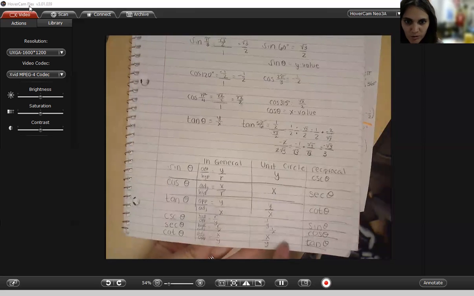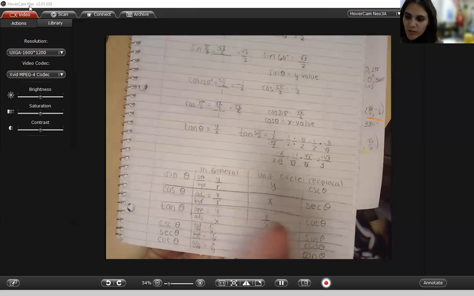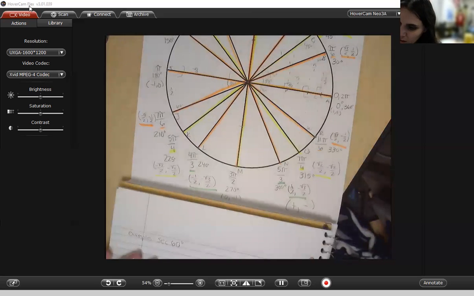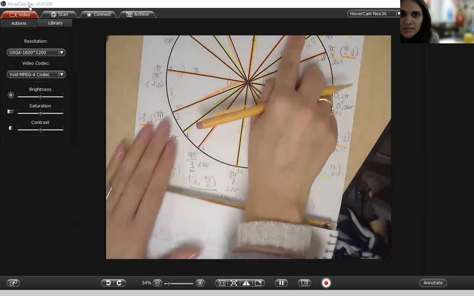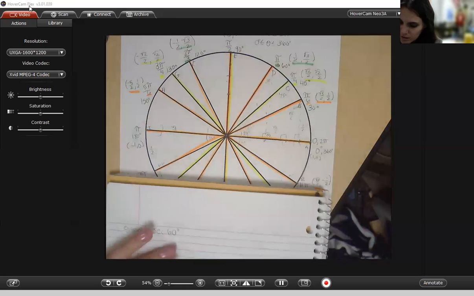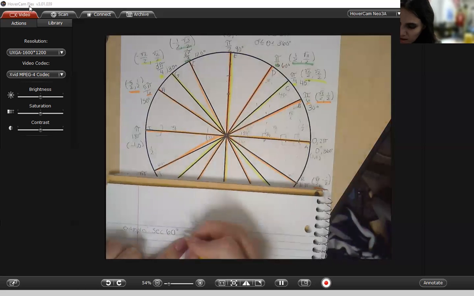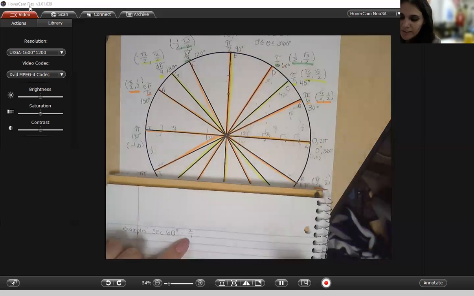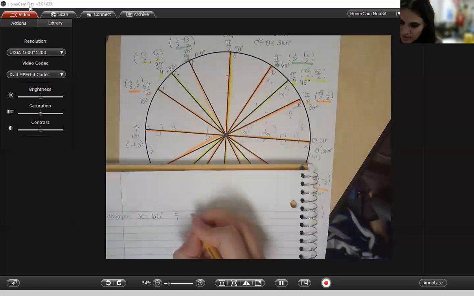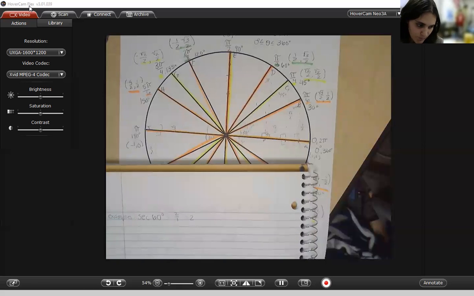So it's going to be 1 over x, or whatever the x value is, and flip it. So if I'm looking over here at my 60 degrees, my cosine, or my x value, is 1/2. So instead of 1/2, I'm going to write 2 over 1, because that's the reciprocal, which is 2. So secant at 60 degrees is 2.